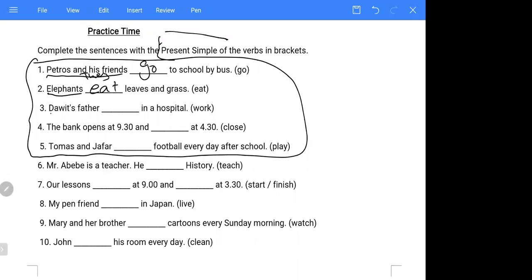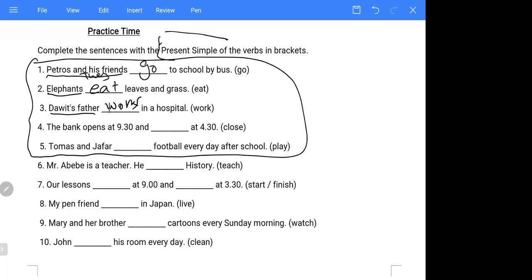The third one, David's father dash in a hospital. David's father works in a hospital. Excellent. Works. It added an S because David's father is third person singular, he.